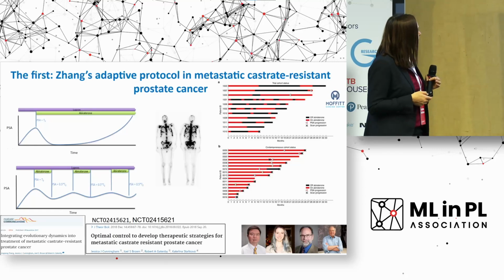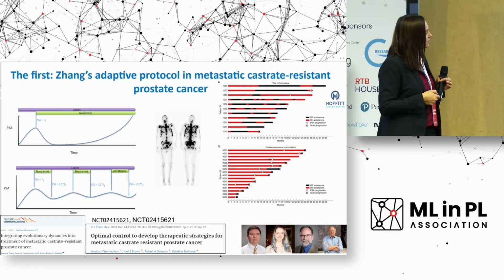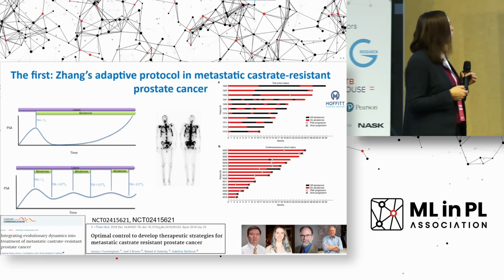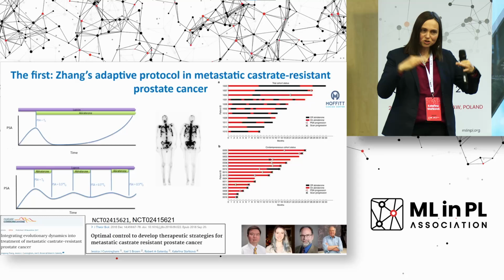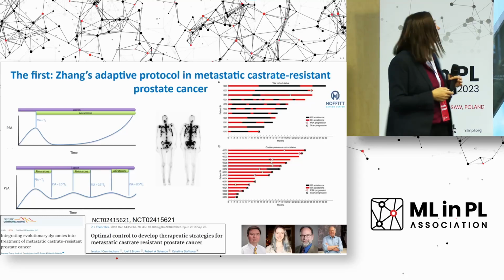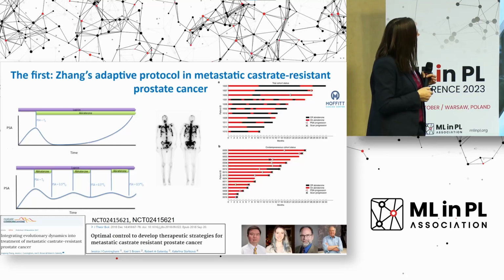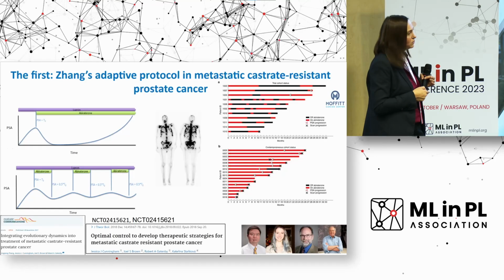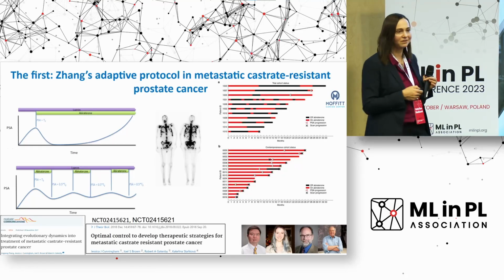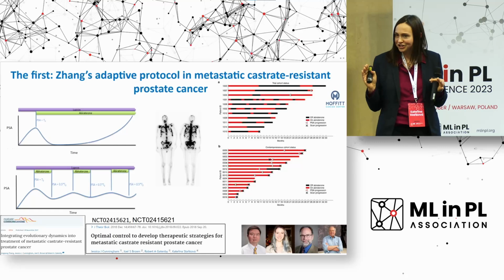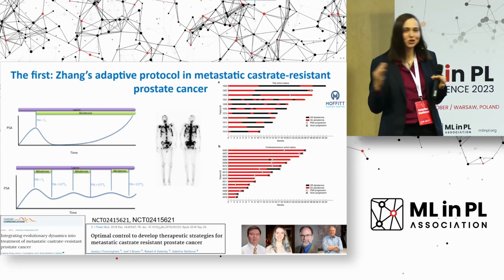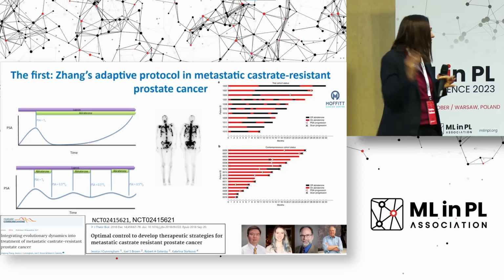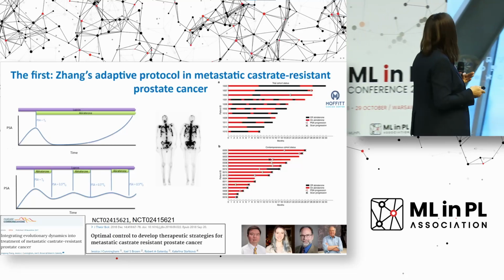And what was really interesting was not only that most of these patients had survived stable for much longer than on the standard of care, but also if you see these red and black colors, the red is the time on the treatment and black is off the treatment. So actually every single patient had a different response to the treatment. So it took them longer or shorter time until their tumor burden went to this half, okay?